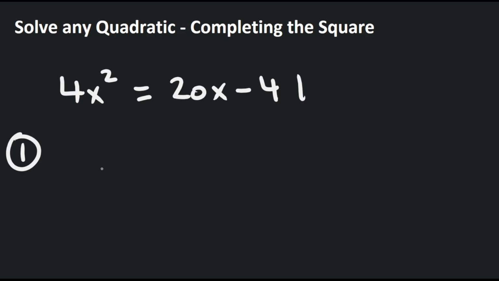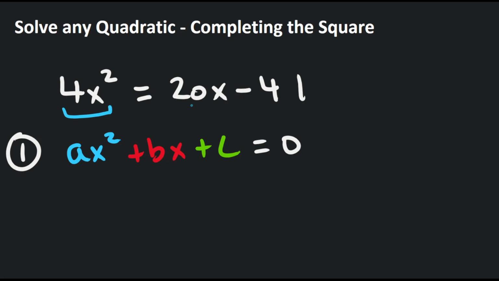So let's go ahead and do that. First let's write down ax squared plus bx plus c equals 0. As you can see, our ax squared term is right here, and on the other side of the equal sign, we have bx and c as well.